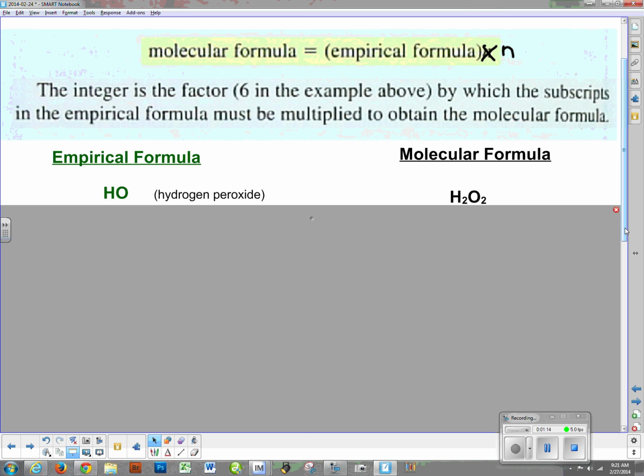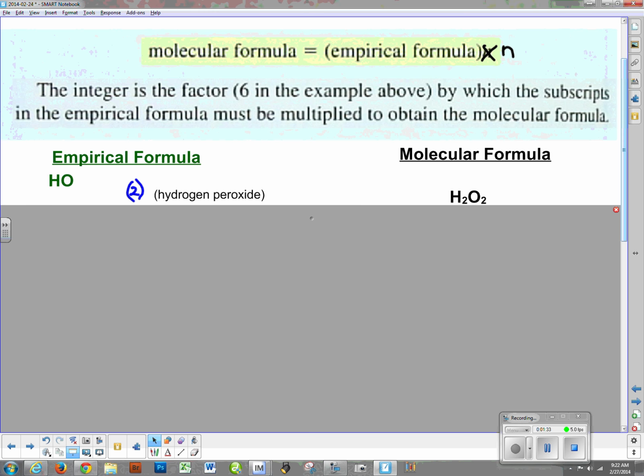Multiply by 2. Yes, and I'm sorry I had that on the screen already. But I want you to understand what you do when you multiply by 2. Multiply by 2 means that there's 2 of these. Okay, not just one. There's 2 of them.